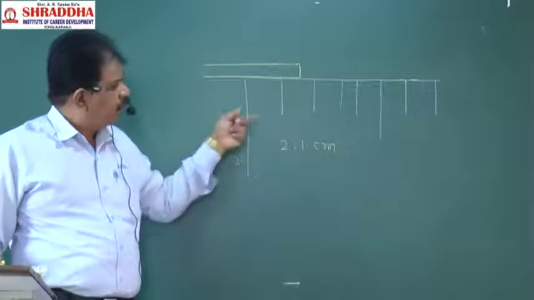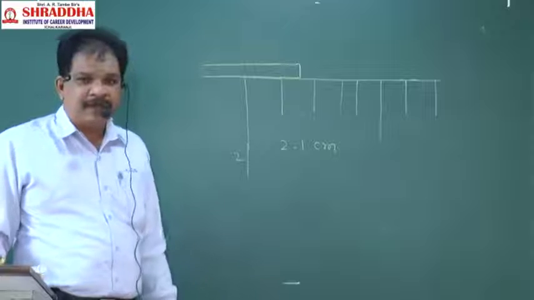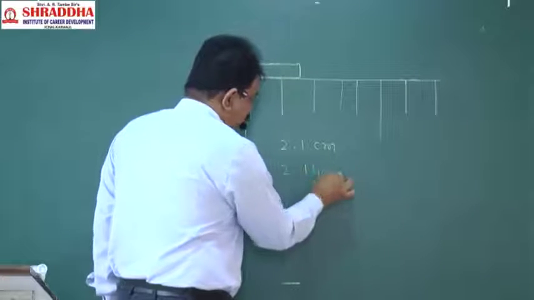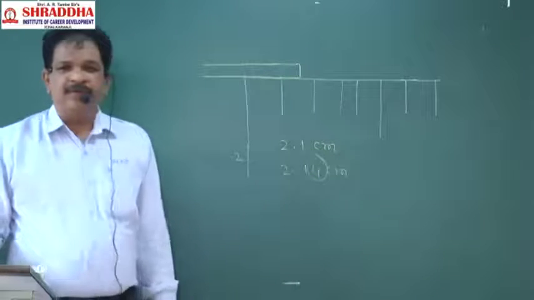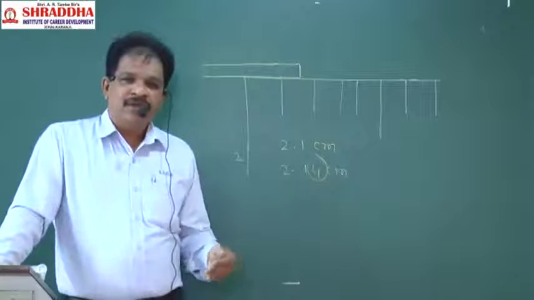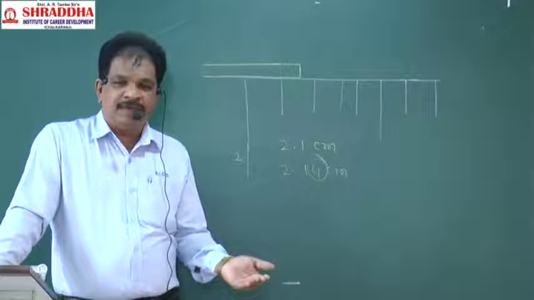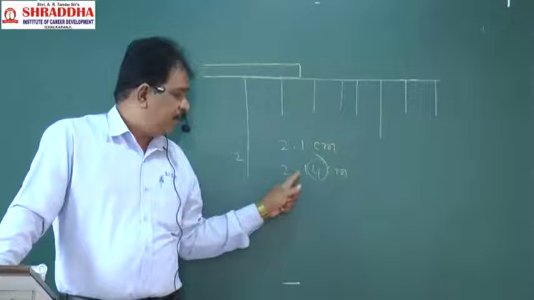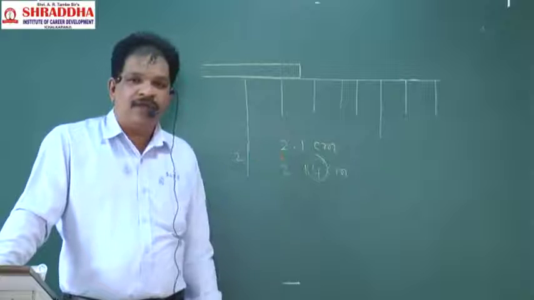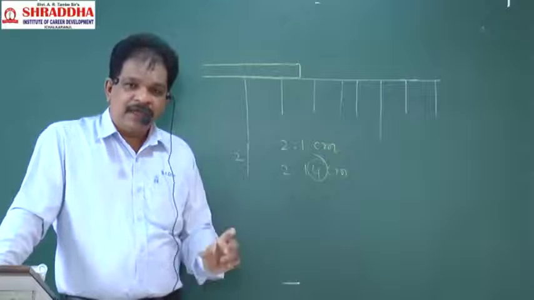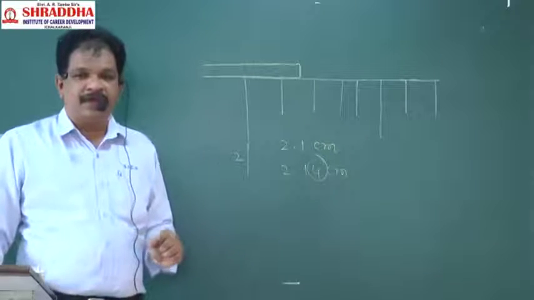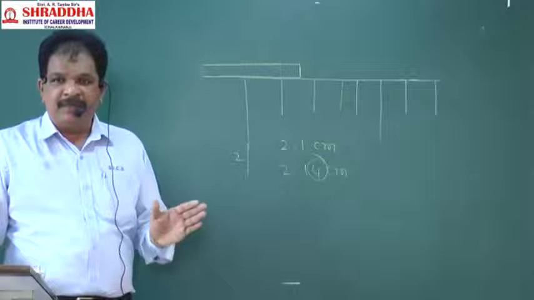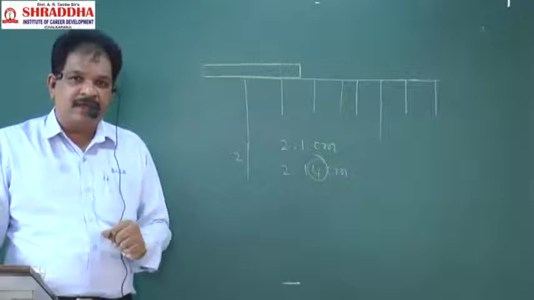Clear? If we measure using vernier calipers, it comes as 2.14 centimeter. This 4 will again be uncertain. With a device of much more resolution, the screw gauge, it will be 2.145 centimeter. Again that last digit will be uncertain. In any measurement, the last digit will always be uncertain.